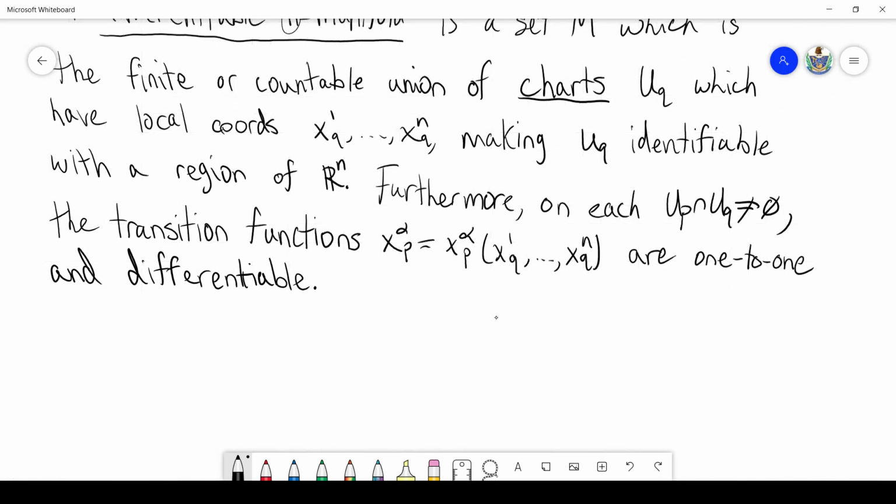And in particular, we can say that the determinant of the matrix formed by the partial derivatives, in other words, the Jacobian of the transition functions.